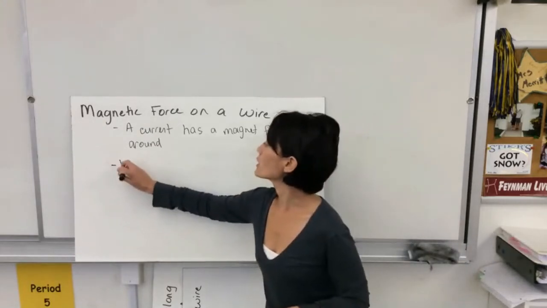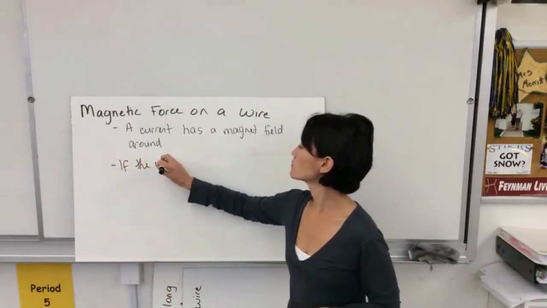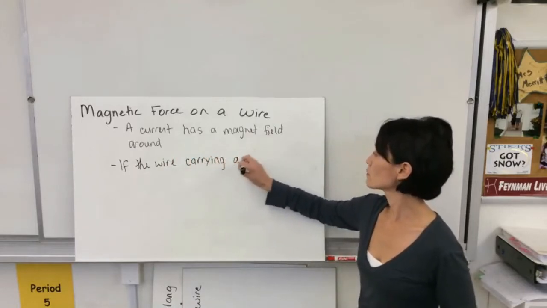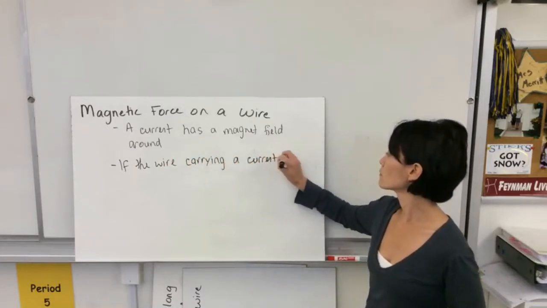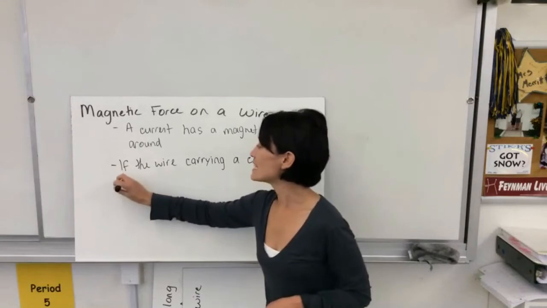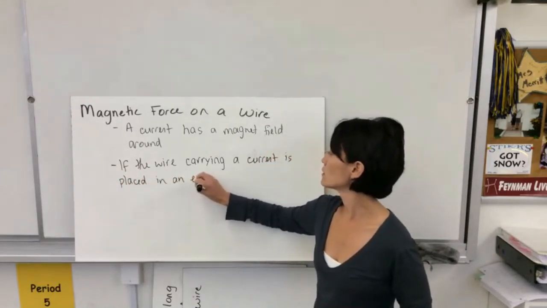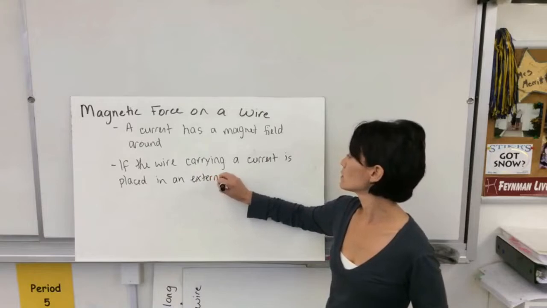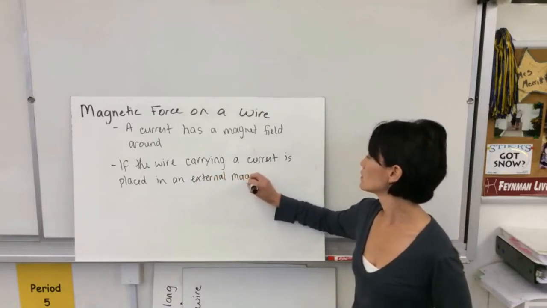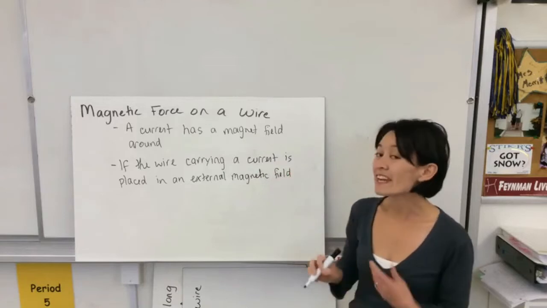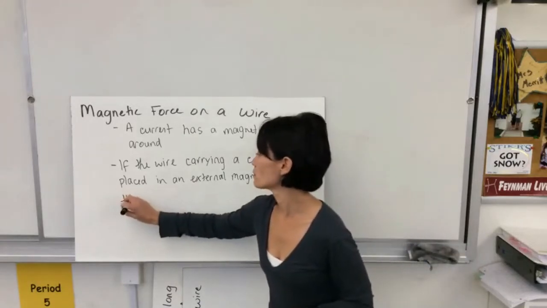So if the wire carrying a current is placed in an external magnetic field, then it will experience magnetic force.